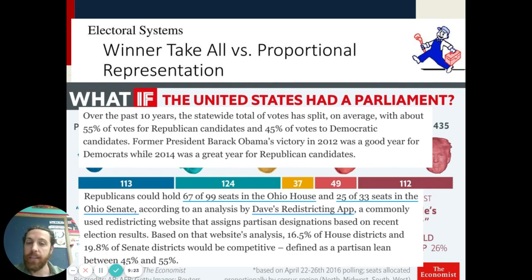And so there you see a difference that is far greater than that 45% vote for Democrats and 55% of the vote for Republicans. And this is in part because of a winner-take-all system. But we'll come back and talk more about that when we discuss district lines and the fun of drawing them.